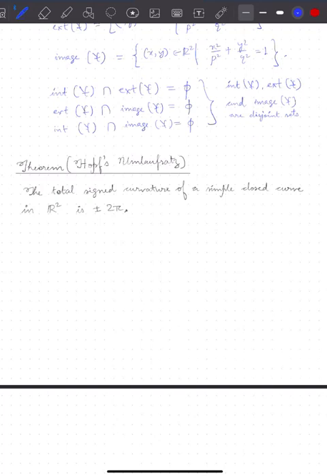So essentially, the point is that the total signed curvature of a closed curve is an integer multiple of 2 pi.